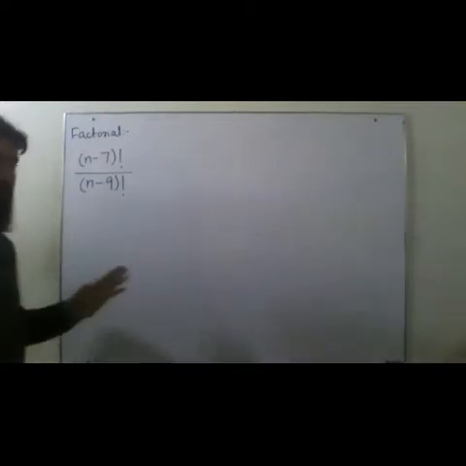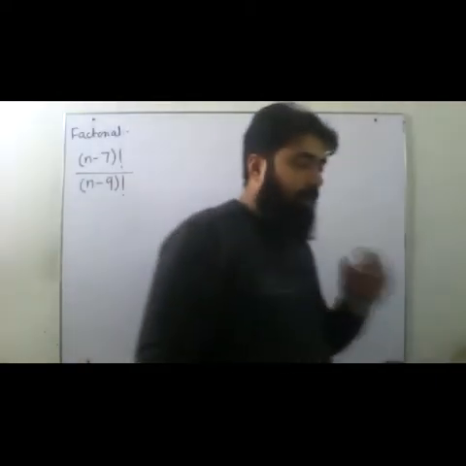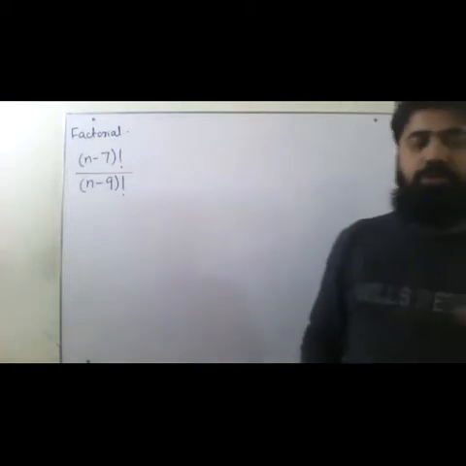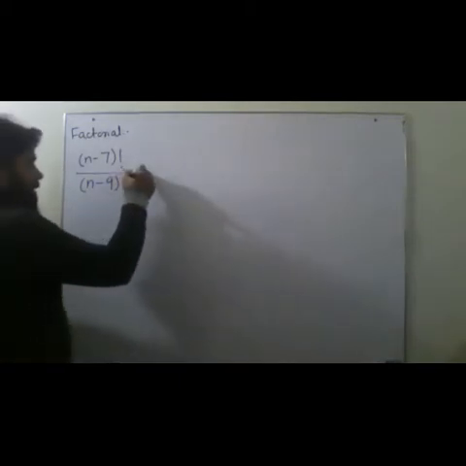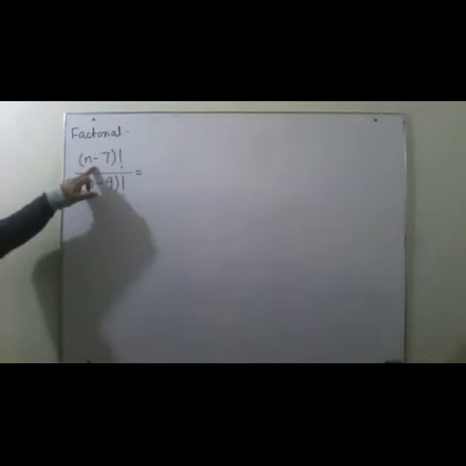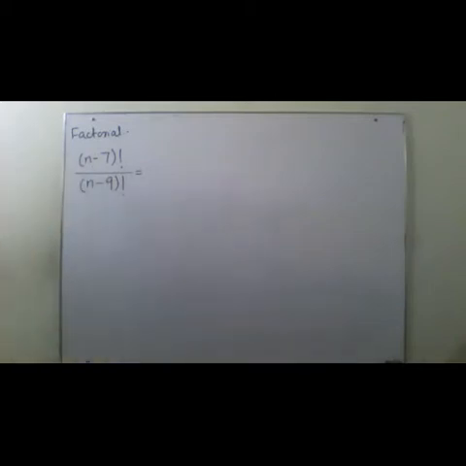Now I have given this relation. Right now I'm not going to tell you about the higher number or the smaller number. I'm just telling you to expand. So let's start with this one, n minus 7 factorial.